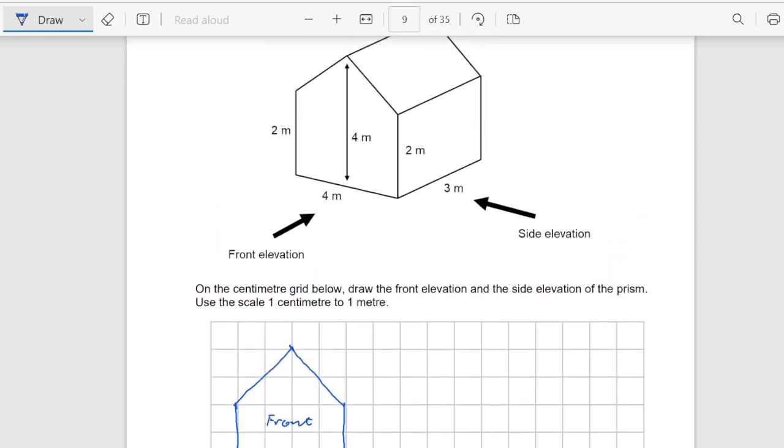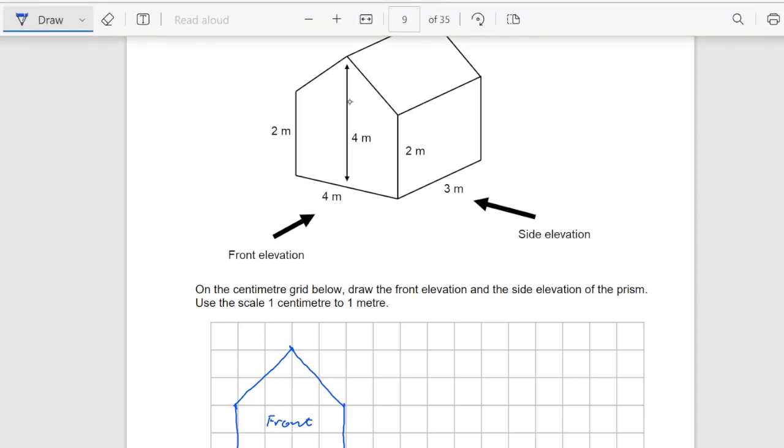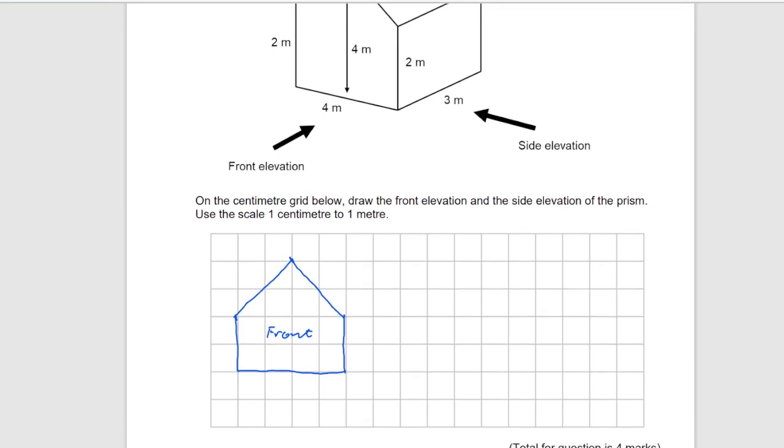And then my side elevation, I'm looking at a 2 by 3 rectangle, and then I would see this top edge of the roof, which would be at 4 above. So I'm going to draw it in line with this.